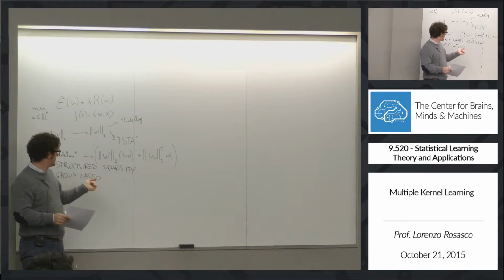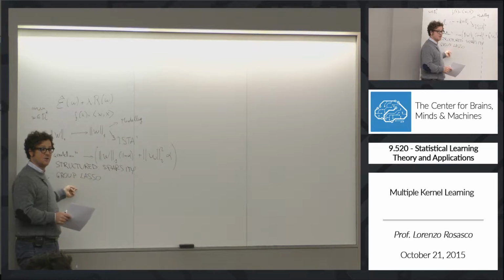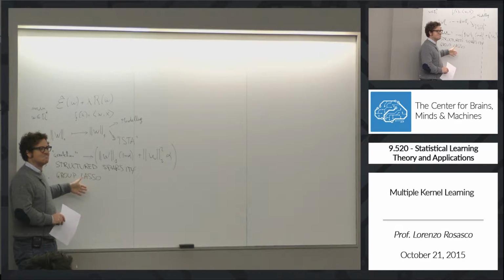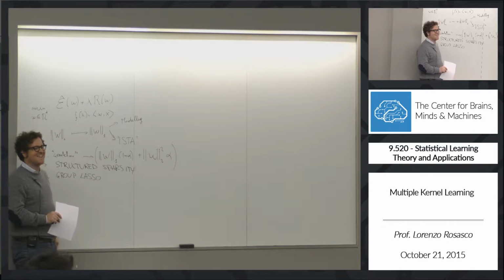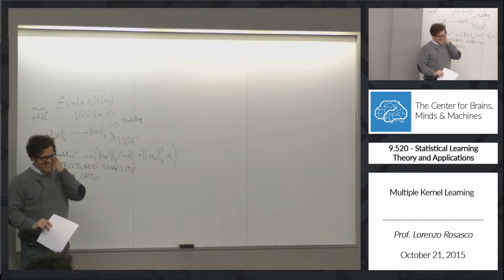In statistics, the running name has mostly been this one here, which is an acronym for something, but I don't remember. So anybody remembers? I think it starts with least. Yeah. Okay.